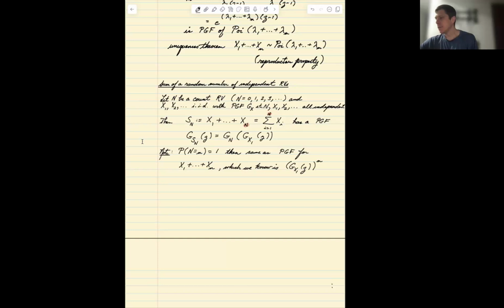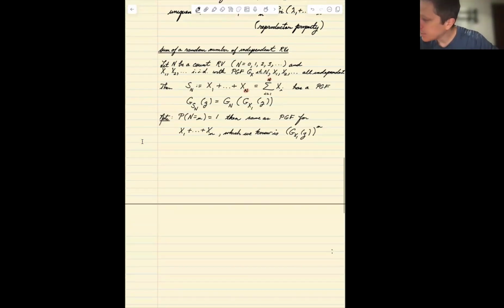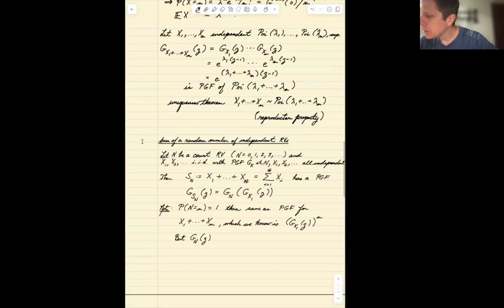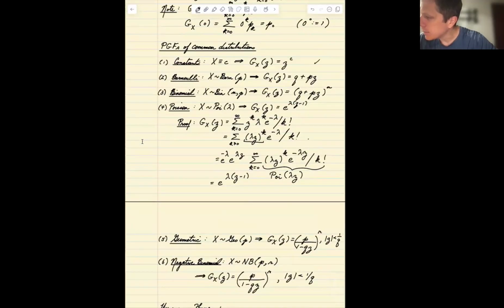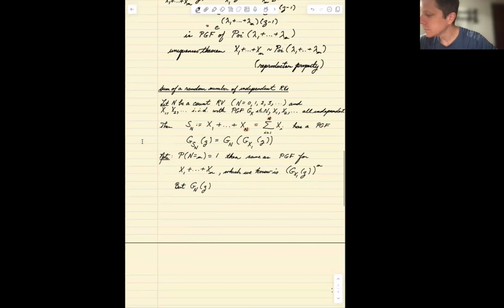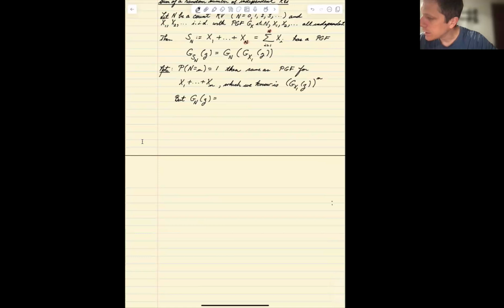Okay. But note that the generating function of a constant, in this case n is a constant, little n with probability 1, we showed this above and could derive it again. It's just z to the power of the constant, so this is z to the power n.